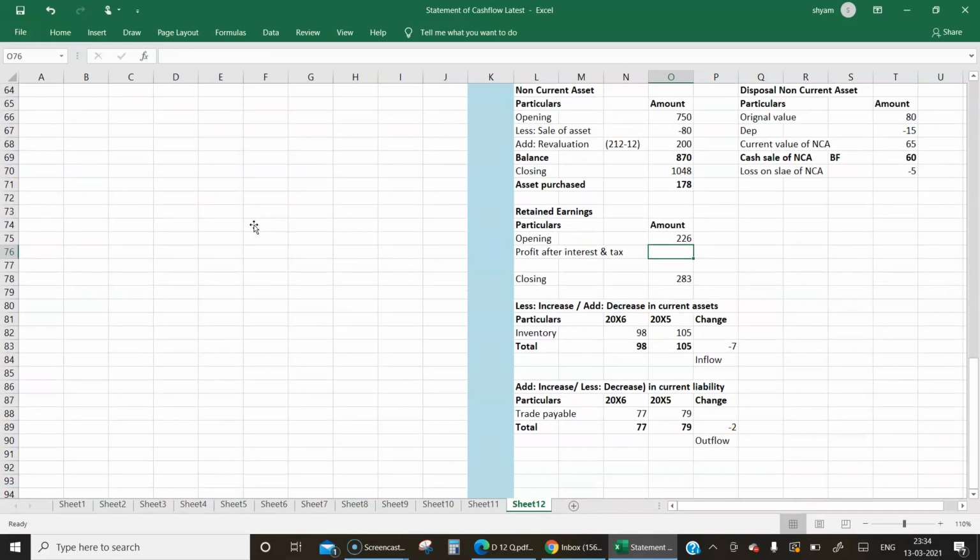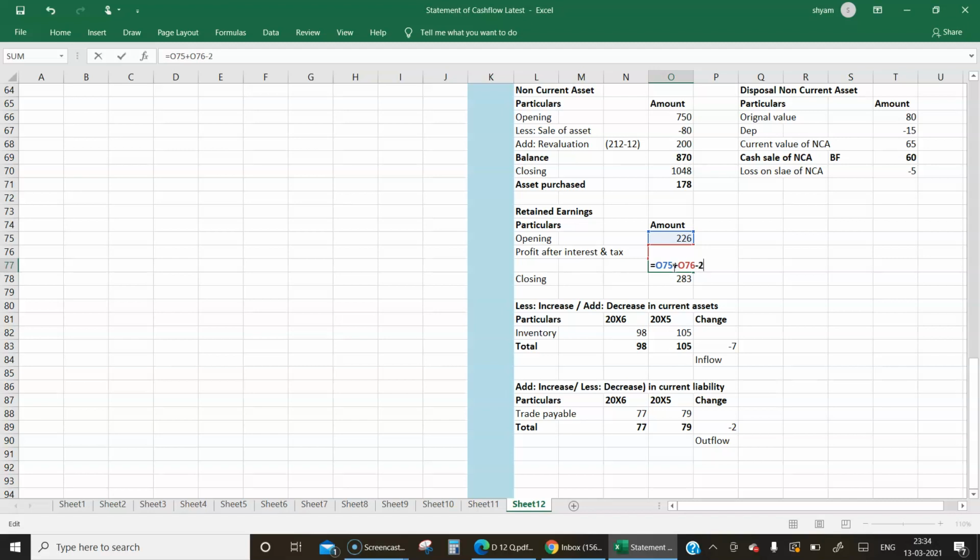Add that number and you should get the answer. Adding both, I got 318. So the total of both these numbers is 318, but what I'm getting is 283.